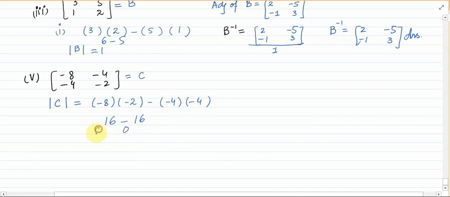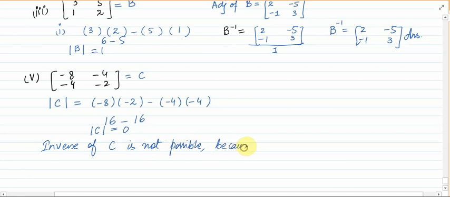So the determinant of C is 0, and since it is a singular matrix, the inverse of C is not possible. You can write that C is a singular matrix, or you can write that the magnitude of C is equal to 0. They both are correct, both meanings are the same, right?